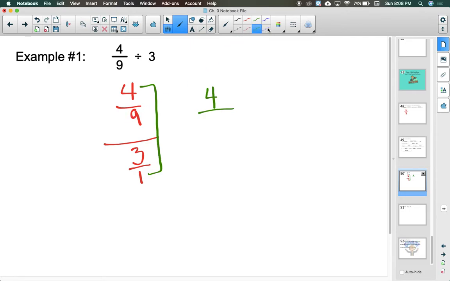Then I multiply the inners. The inners would be the denominator of the top fraction times the numerator of the bottom fraction. 9 times 3 is 27, and the inners get written in the denominator. Okay, that's it. Nothing else to do here because 4 and 27 do not have any common factors. Also, 4/27 is a proper fraction, so we are 100% finished with that problem.